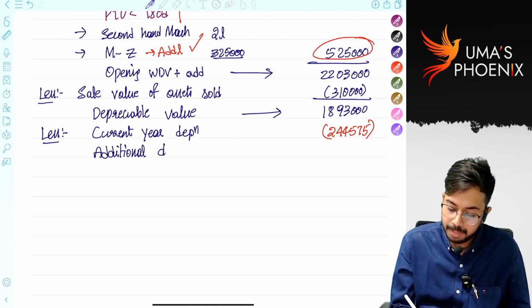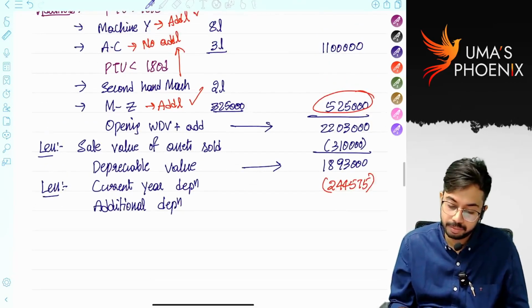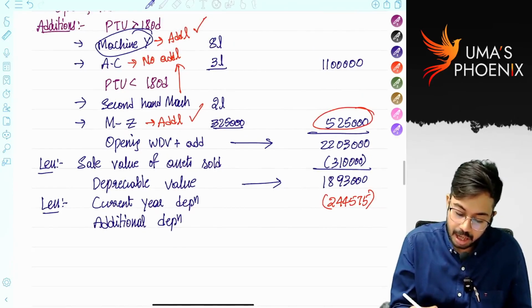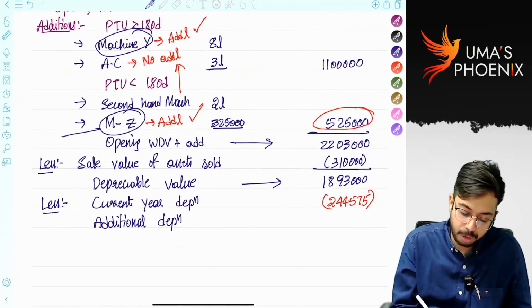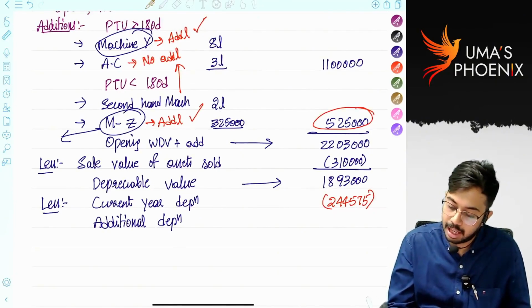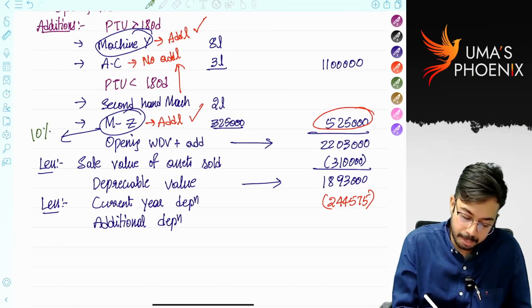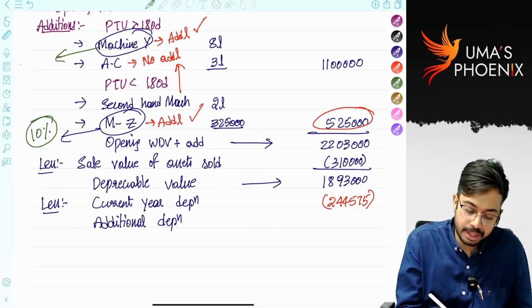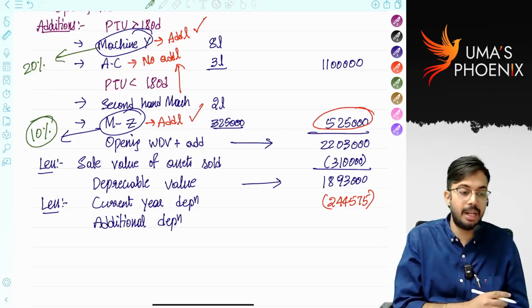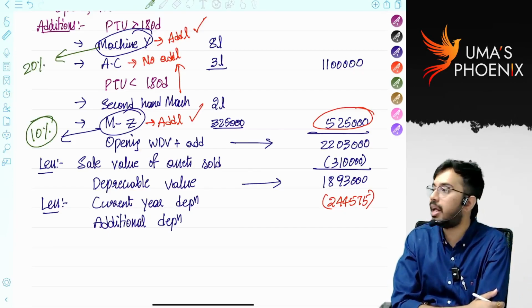We will also reduce additional depreciation, right? Now, additional depreciation is available for machine Y and machine Z. See, machine Z is put to use for less than 180 days, so only 10% additional depreciation is available for machine Z, and for machine Y, 20% additional depreciation is available. Am I correct?